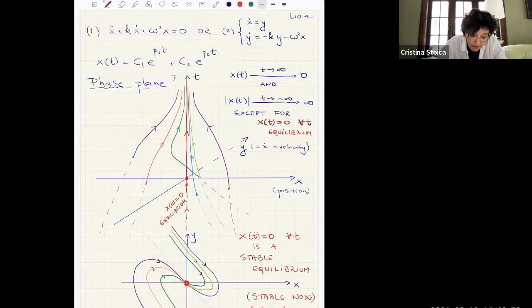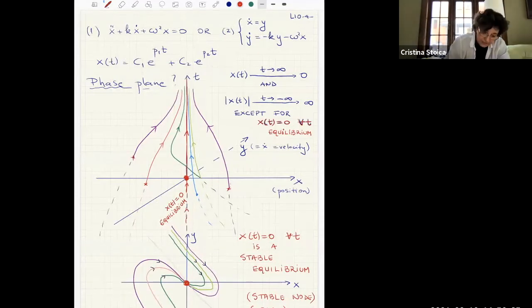So we know that no matter where we start in the horizontal plane at T equals 0, here, here, here, we're going to line up and then converge to X equals 0. So we're going to end up lying down on this vertical right above the 0 point. So the solution for which X stays at 0 all the time is the equilibrium position.